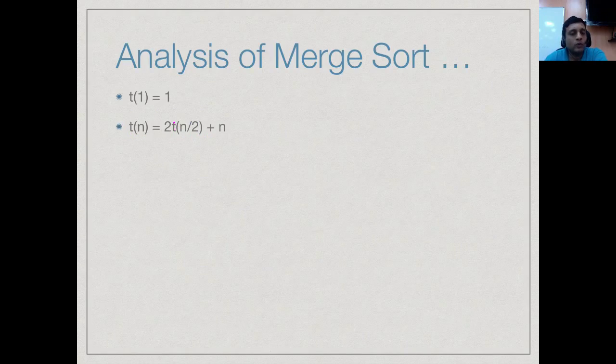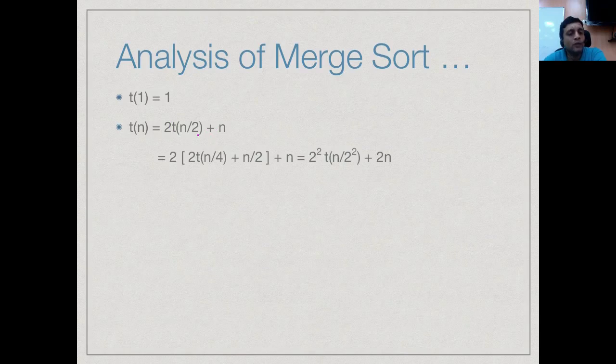So now what we can do is use the same equation to expand T of n by 2. If we expand T of n by 2, we find that it becomes 2 times T of n by 4 plus n by 2, because I take whatever is here, divide by 2, so n by 2 is n by 4, and I plug it in here, so n by 2 comes. Now if I expand this out carefully, rather than write 4, I will write it as 2 squared.